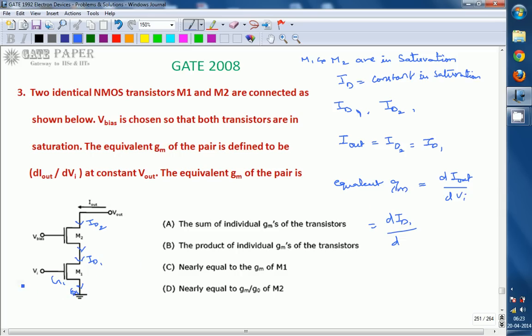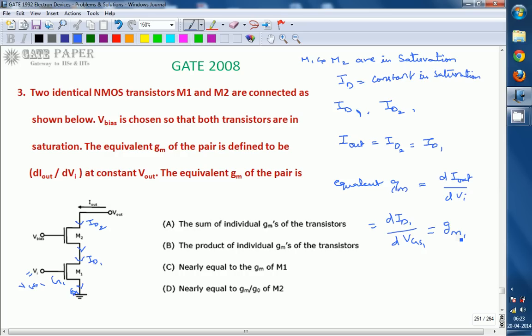So the voltage Vi can be written as VGS1. So dID1 by dVGS1 is the change in drain current of M1 by the change in gate to source voltage of M1, which we define as gm1, the transconductance of the M1 transistor.